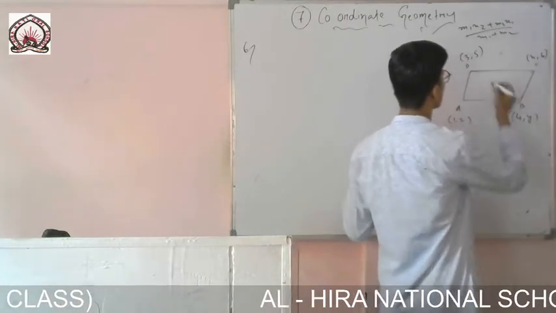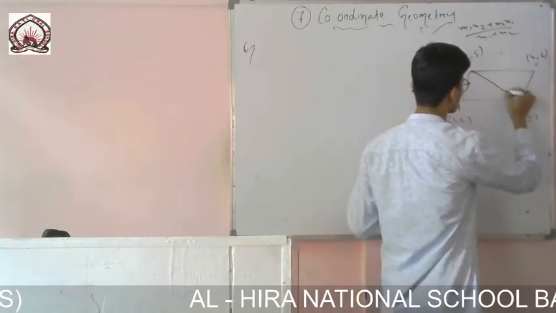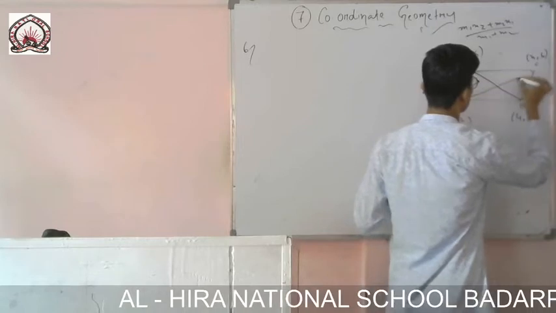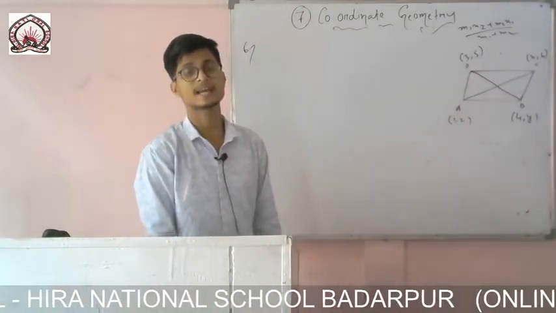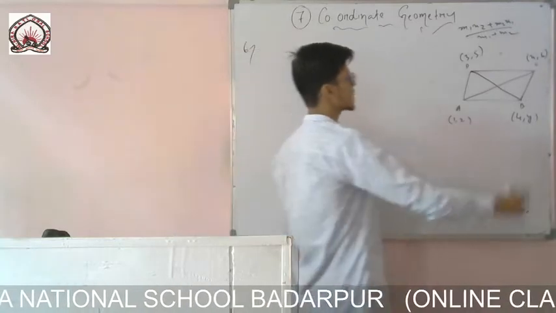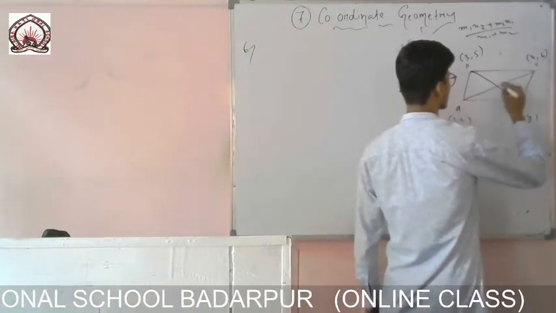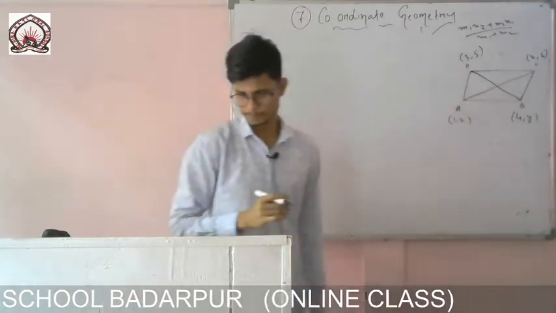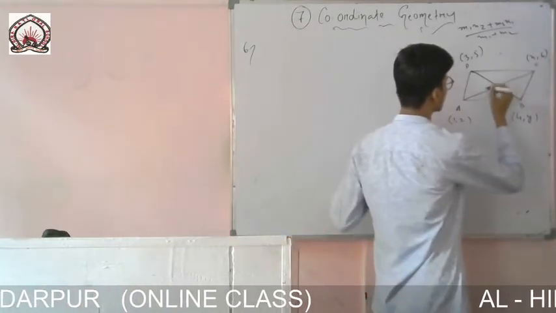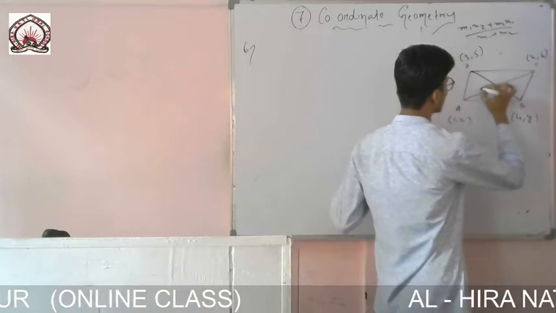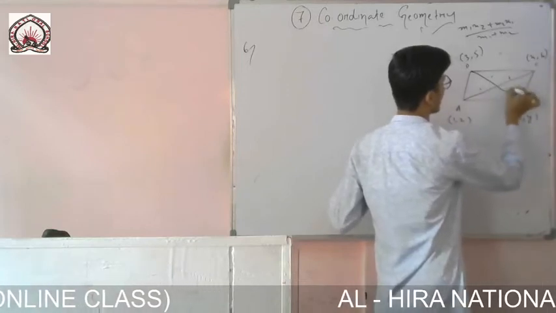For solving this, we'll draw the diagonals, and we know that the diagonals of a parallelogram bisect each other equally. That means they are divided in the ratio 1:1.